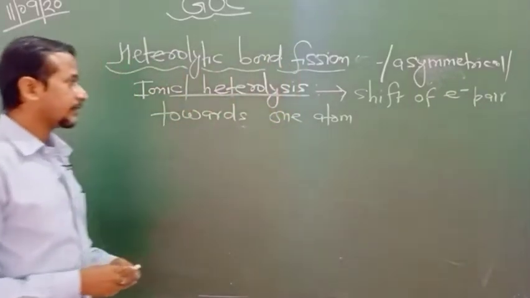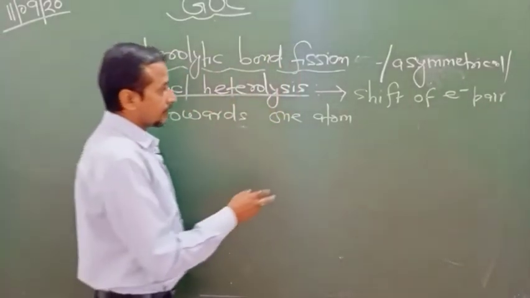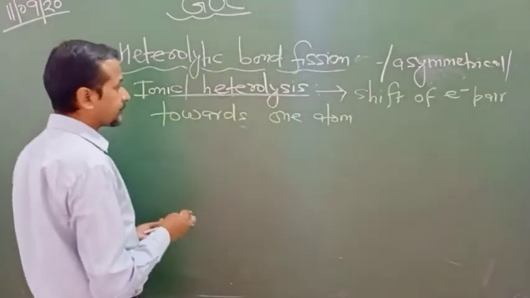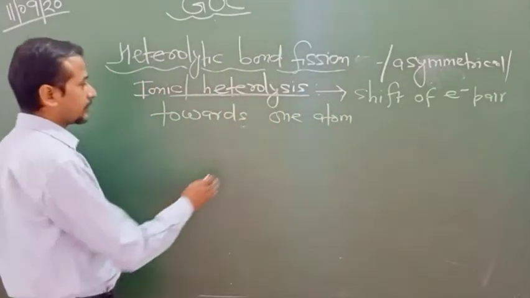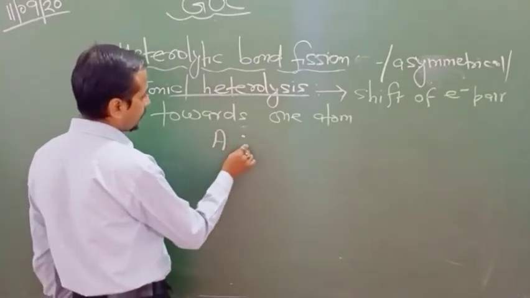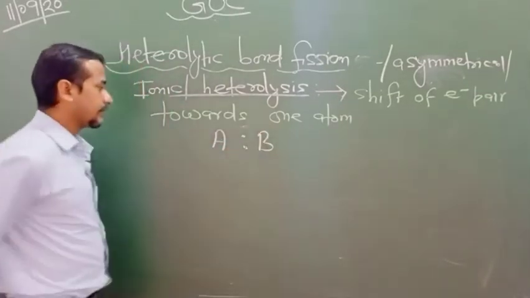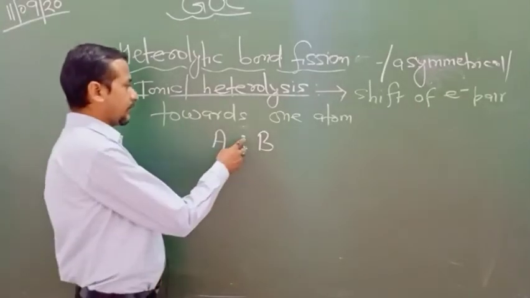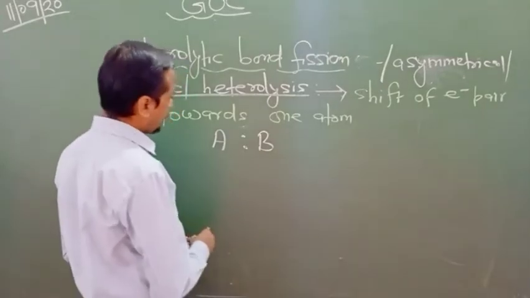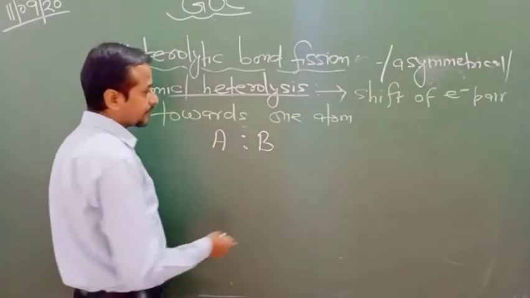That's why the bonded electrons shift towards only one atom, and that's why they produce charged species. Look at the conditions A and B. Here two electrons, one electron of A and one electron of B, are bonded in the form of a covalent bond.